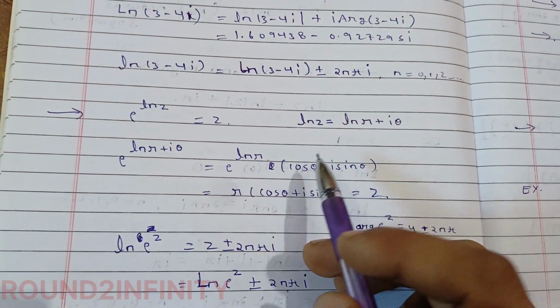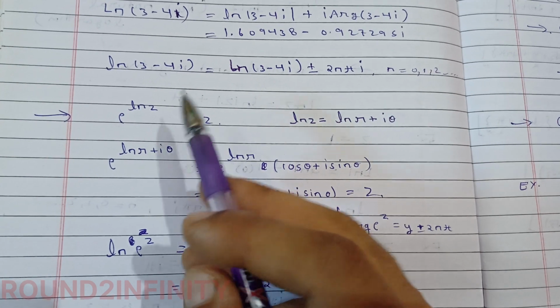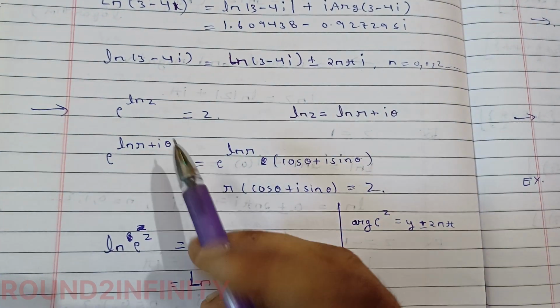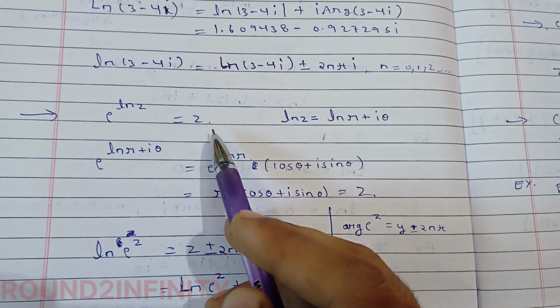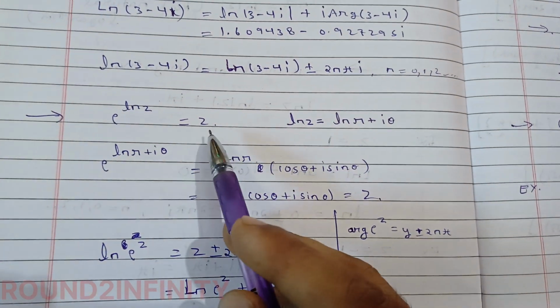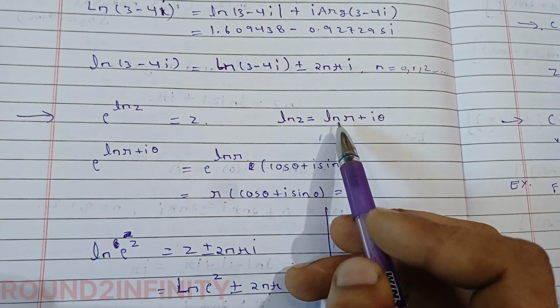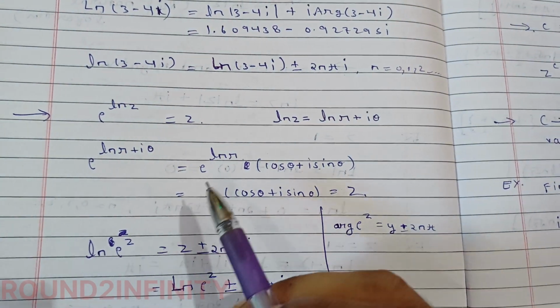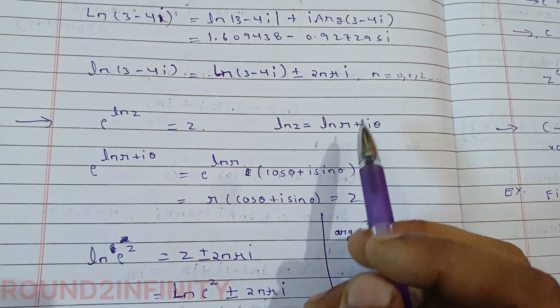So these are your values. Now see, in the real plane we have the formula exponential of log x equals x. It is valid in the complex plane also: exponential of log z is always z. Let us verify this formula. We know log z is log r plus iota theta, which we proved in the previous lecture, where z equals r exponential iota theta.